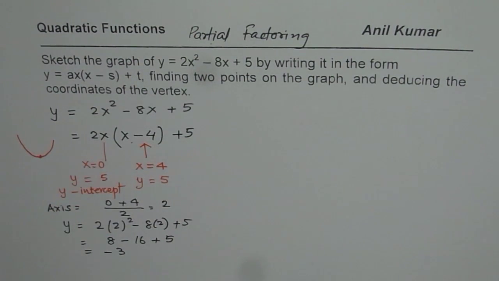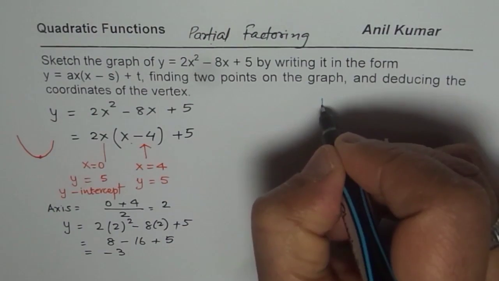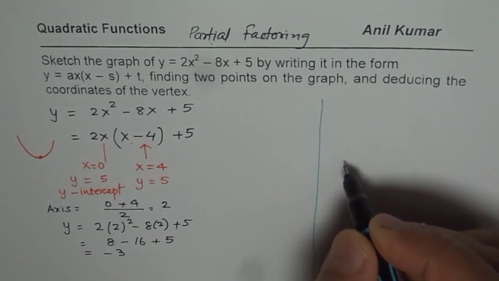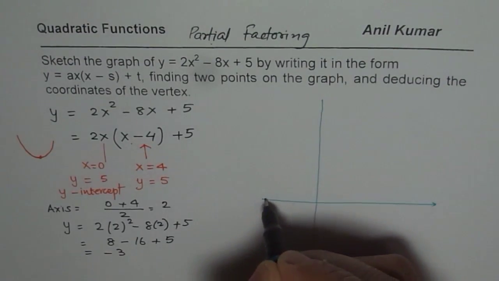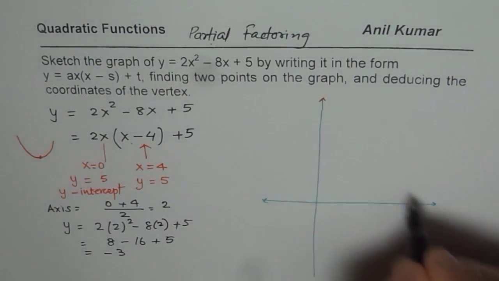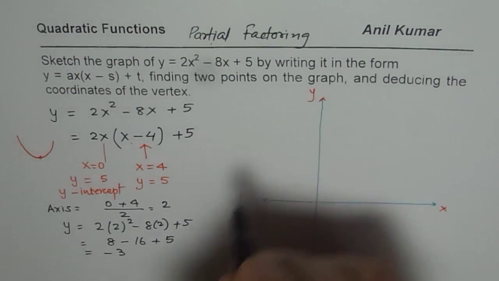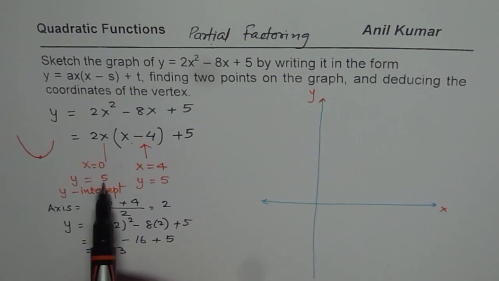Now let's go through it once again, and I'll sketch as I discuss with you all these fine details. So we now have a parabola here, so I'll make a bigger sketch. Let's say this is our coordinate plane. Now here we have x and y. So what we got here is that when x equals 0, y is 5.